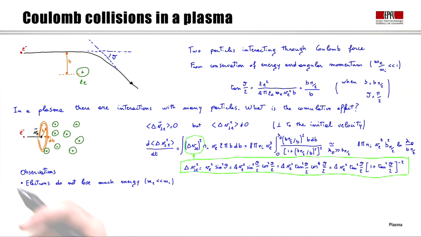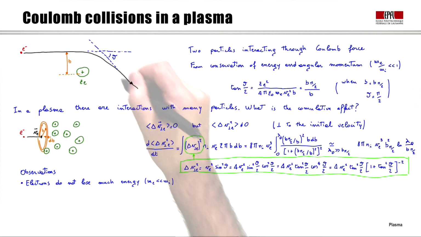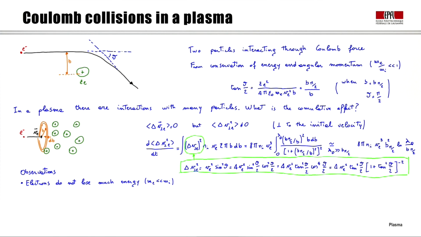When you throw a ball against a wall, the ball changes considerably its velocity, but if the collision is elastic, then the ball is reflected with a modulus of the velocity that is similar to the incoming one, before the collision.